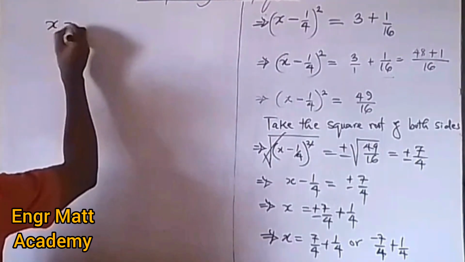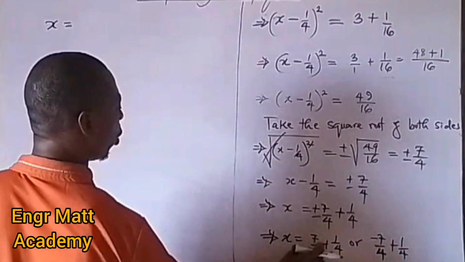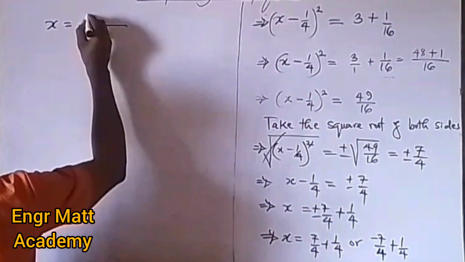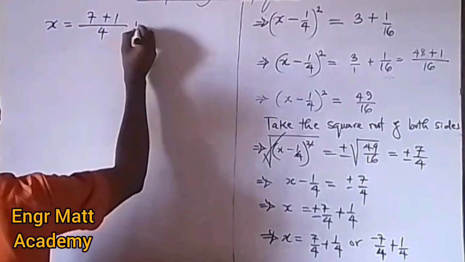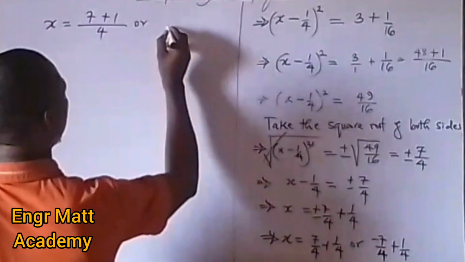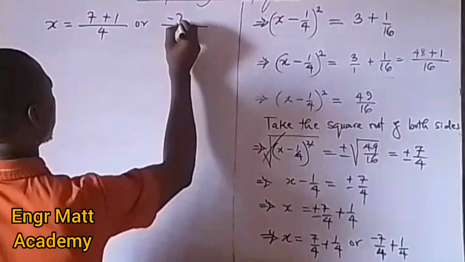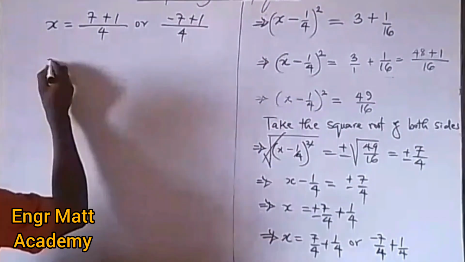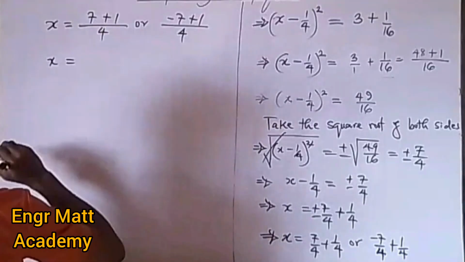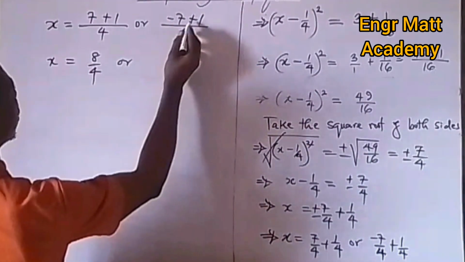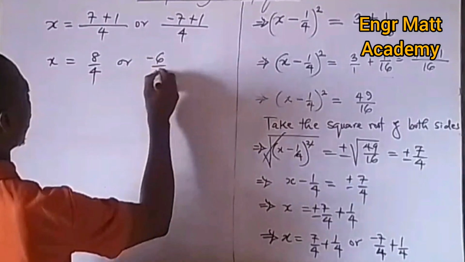X is equal to 7 over 4 plus 1 over 4 will give us 4 as the LCM, 7 plus 1. Or on the other side, we have 4 minus 7 plus 1. So x will be 7 plus 1 is 8 over 4, or minus 7 plus 1 is minus 6 over 4.